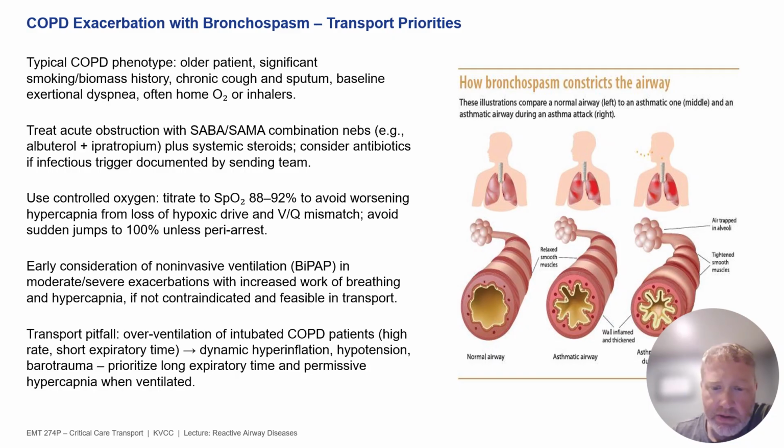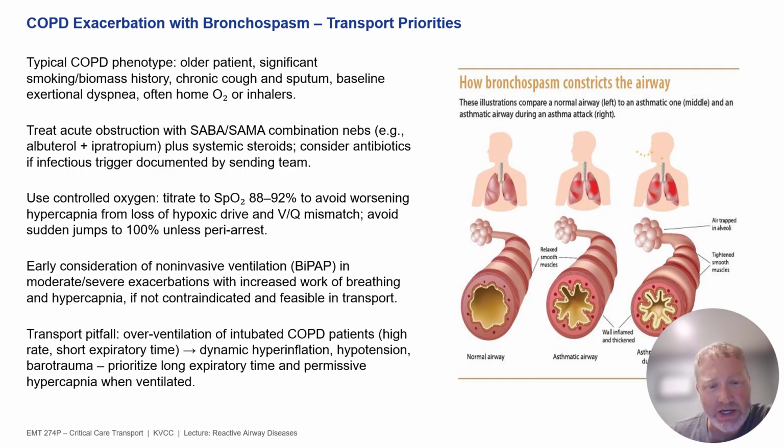With those, you can regulate the actual FiO2 delivered, and that tends to work better than even a standard nasal cannula in a lot of cases, especially in moderate COPD exacerbations with bronchospasm. Try to avoid the simple mask, avoid the partial rebreather, avoid the non-rebreather.